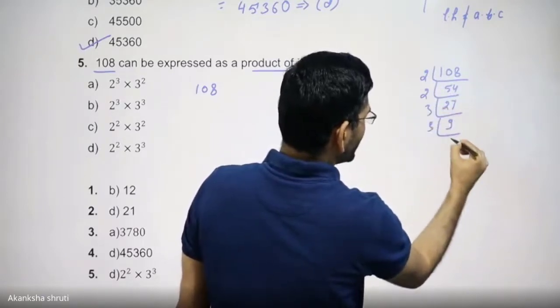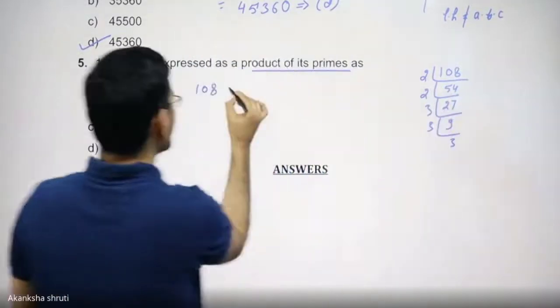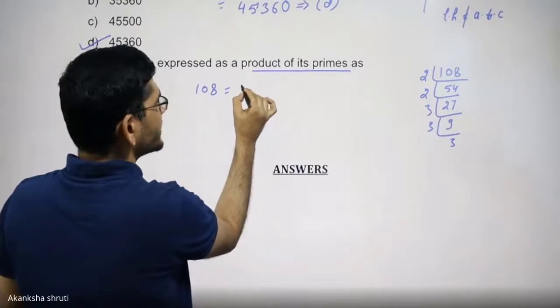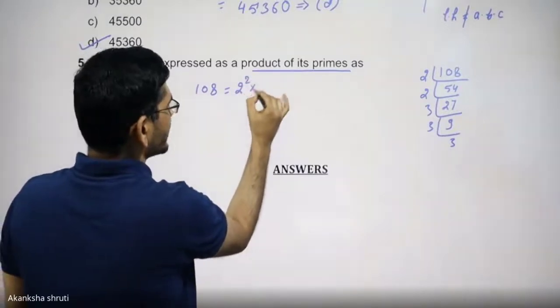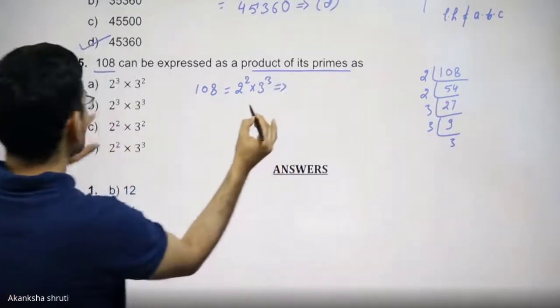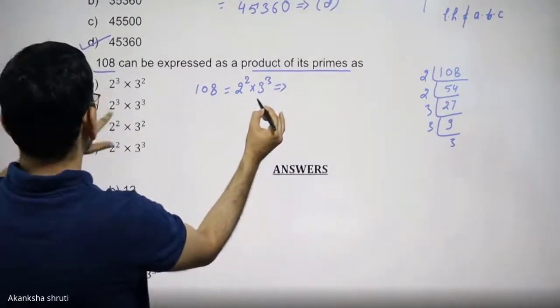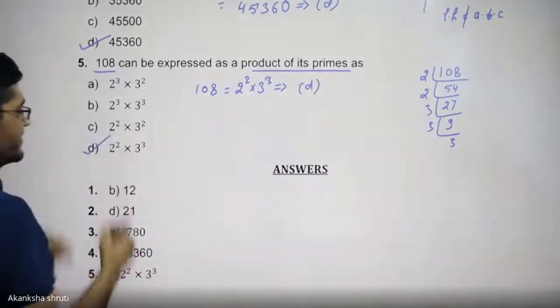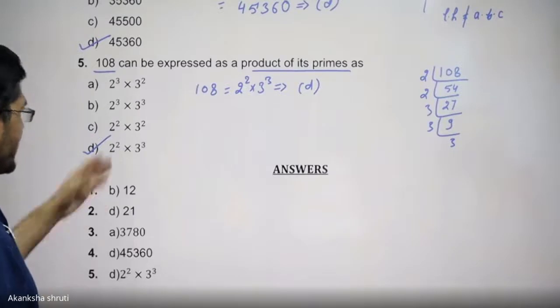Divisible by 3, further 3. Therefore, 108 can be written as 2 into 2 into 3 into 3 into 3. Means 2 is 2 times, so 2 squared into 3 cubed, as 3 is 3 times. This is given in option D. Here it is D. Okay. So this way we have obtained the required answer.